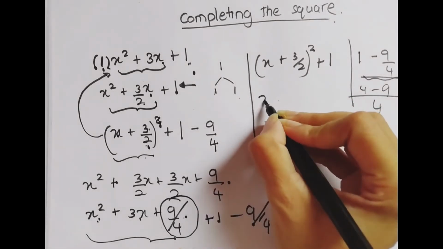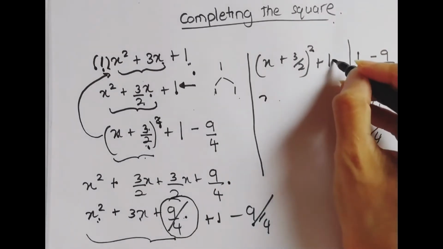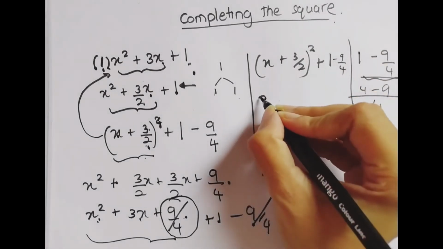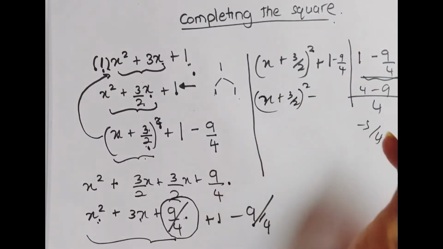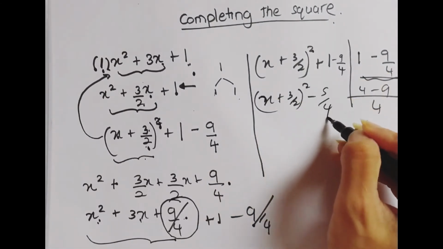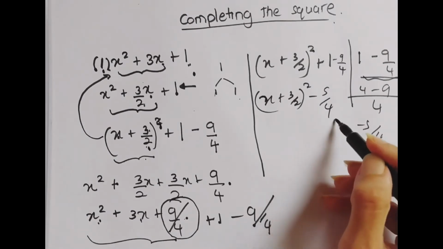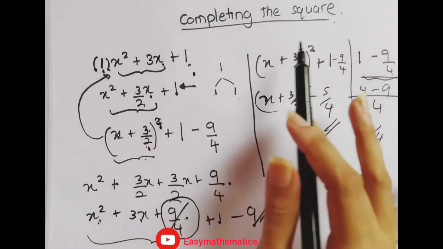So it is x plus 3 over 2 whole thing squared minus 5 over 4. So this process is called completing the square.